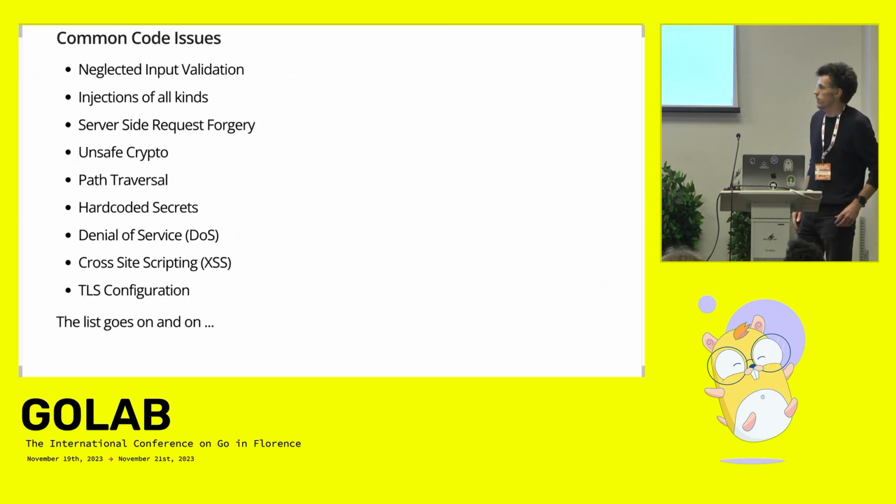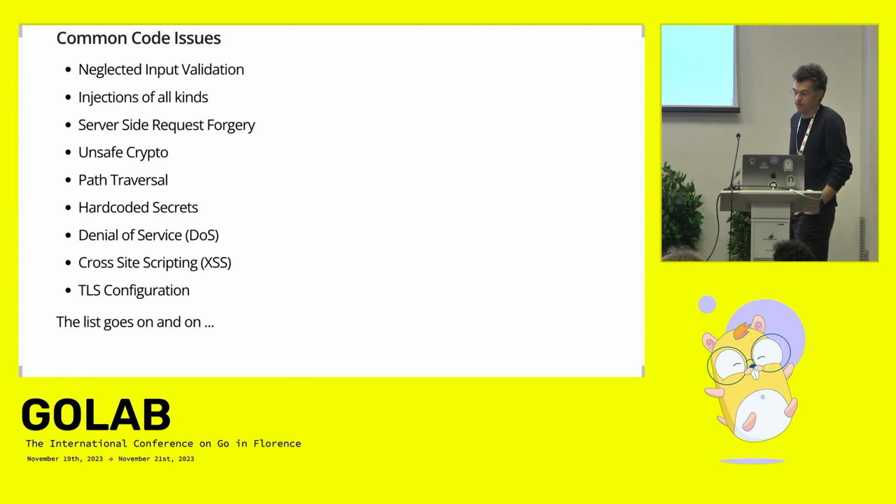So if we just look at this list, maybe you are familiar with some of them. I believe input validation is some area you maybe heard about. Also SQL injection, any kind of injections you are probably familiar with, and I hope at least.